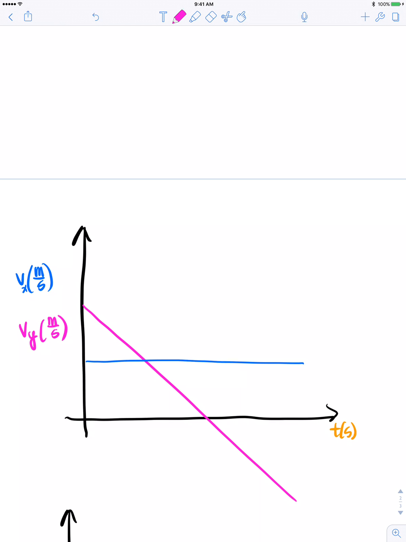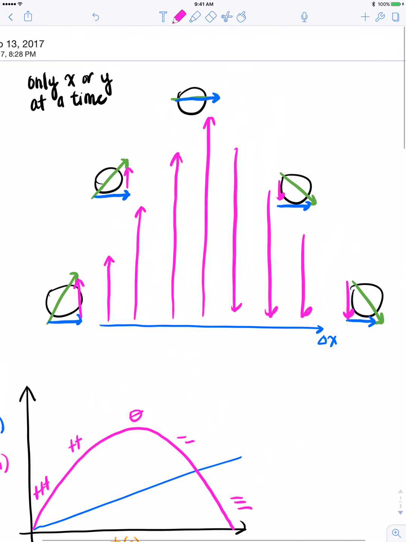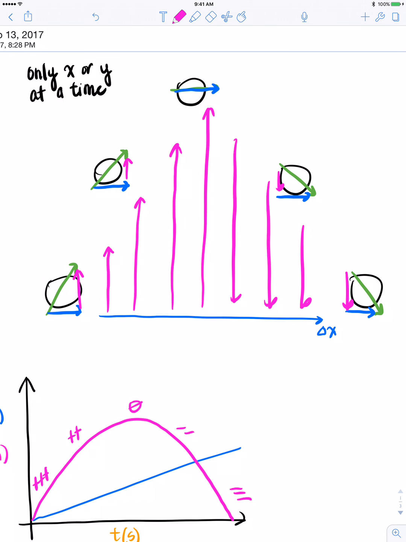Now the acceleration graph is the change of velocity over time. I'll say that again. The acceleration graph is the change in velocity over time. Since the x direction has a slope of 0, we would say that acceleration in the x direction is 0, or there is no acceleration, which is why our blue velocity vectors up here on our projectile remain the same.